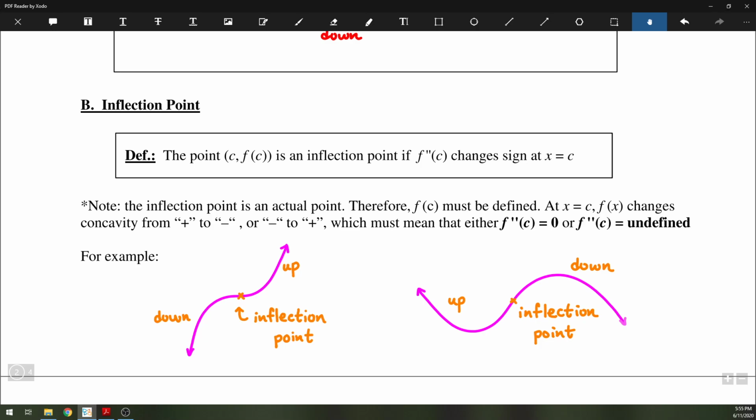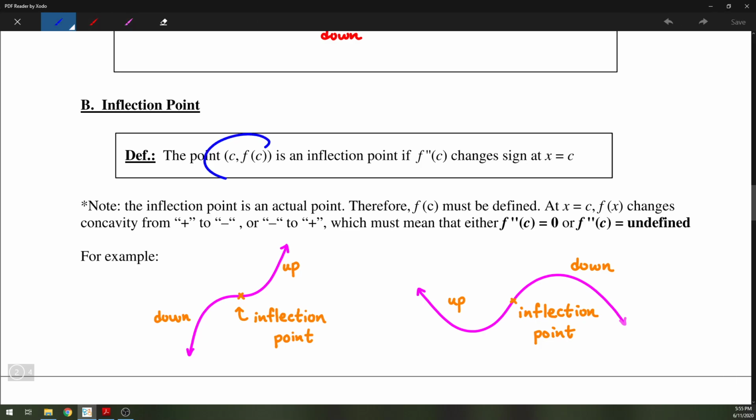So the inflection point is an actual point. When a question asks for the inflection point, this is the expected answer: c, and then substitute c for x in the function and find f of c, and that must be defined.